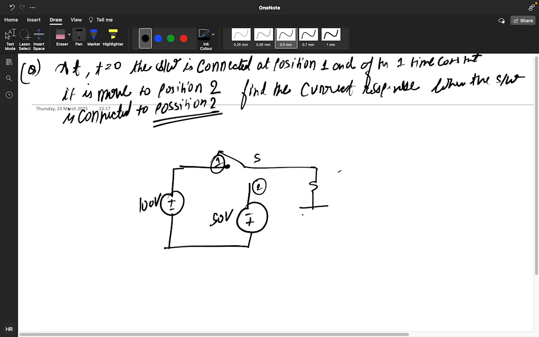This is your capacitor. So in this case, first we need to find the value of plus minus Vc. Okay, 1 ohm.